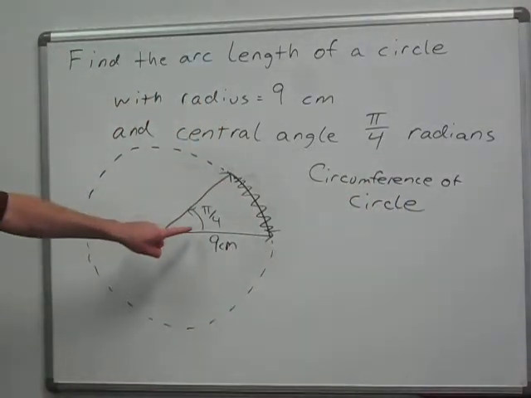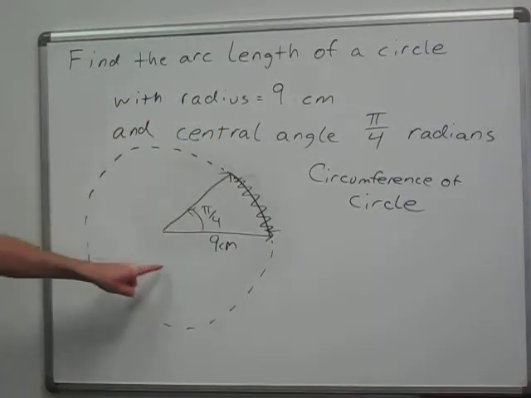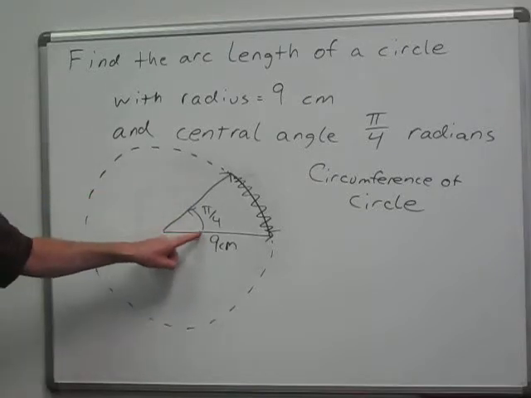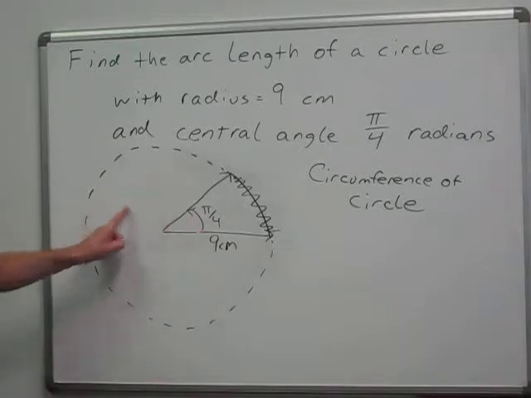In other words, what would happen if we took the ray and went around a complete revolution? Or in other words, 360 degrees, or 2 pi radians. Well, we know the circumference of a circle is just 2 pi r.